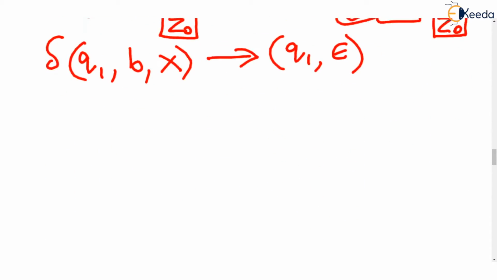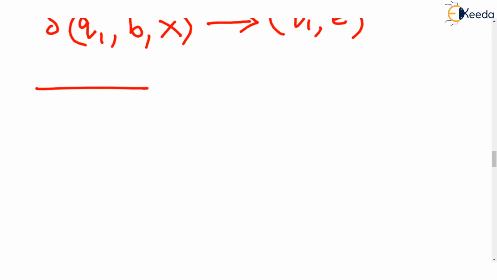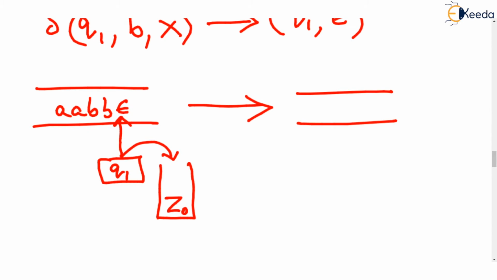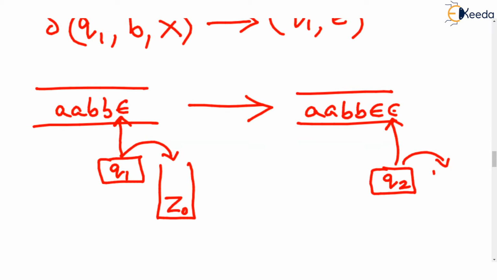What do you say about this configuration? Double A, double B, epsilon, and the machine is now reading epsilon and it is in Q1 state. Currently the stack has only Z0. And imagine that the new configuration is A, double B, epsilon, epsilon, and now the machine is in Q2 state, but look, the stack still has Z0.